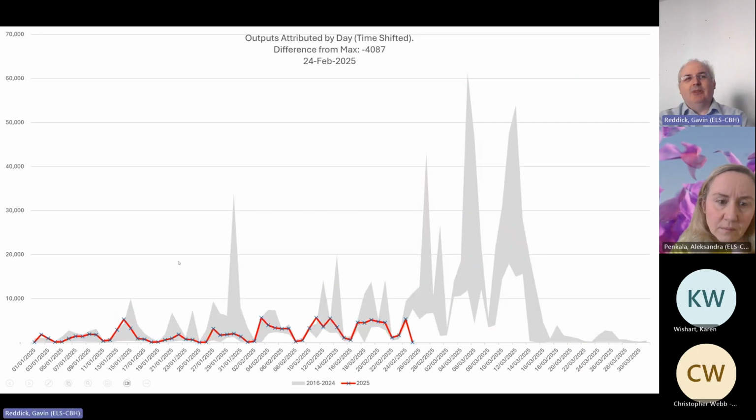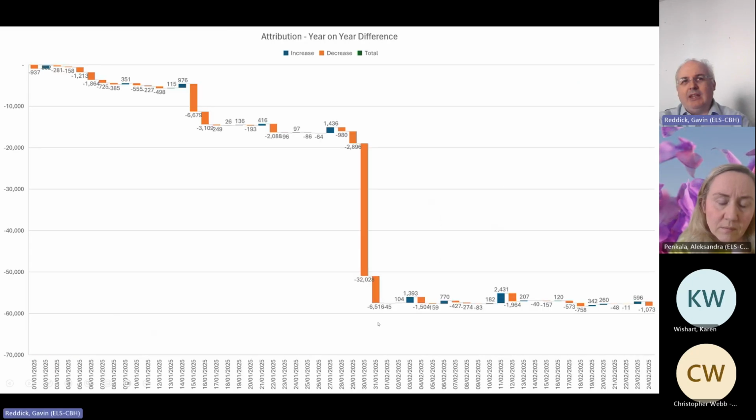If we look at maximum and minimum, you can see at different points, the red line has been above. Other times it's been quite in the middle of the maximum and the minimum points. And if we compare year on year, compared to last year, you'll see that we are down, relatively speaking, and that's really caused by those two big spikes.